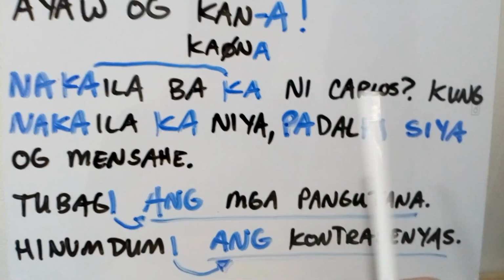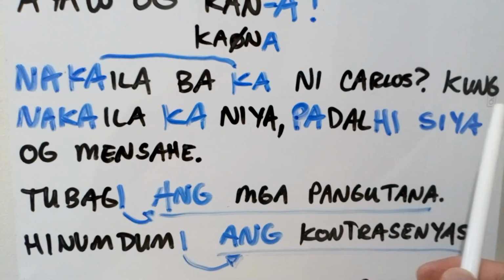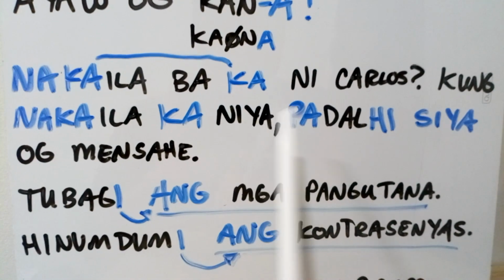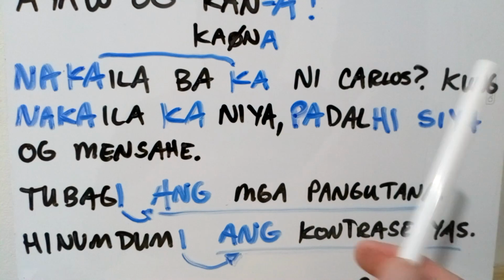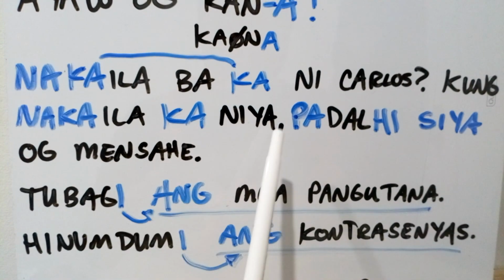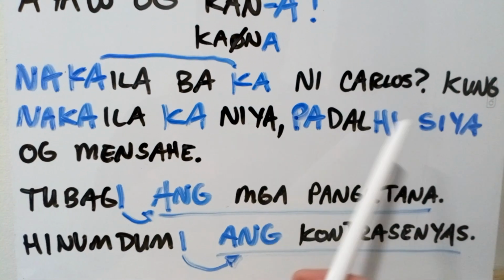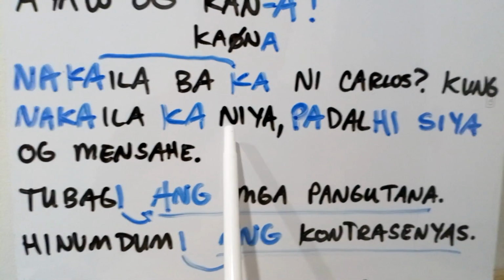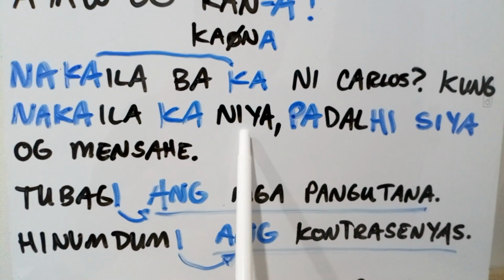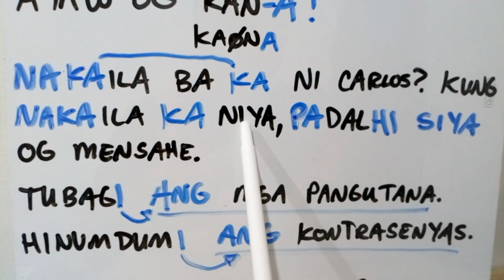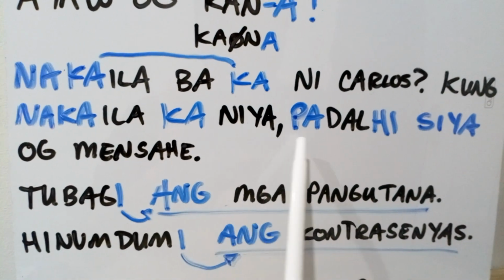And then the second clause of the sentence is "kung nakaila ka niya, padalhi siya og mensahe." So kung nakaila ka niya, this first part before the comma, if you know him or her, or if I don't want to use this ergative pronoun to replace ni Carlos, I can say kung nakaila ka ni Carlos, right?